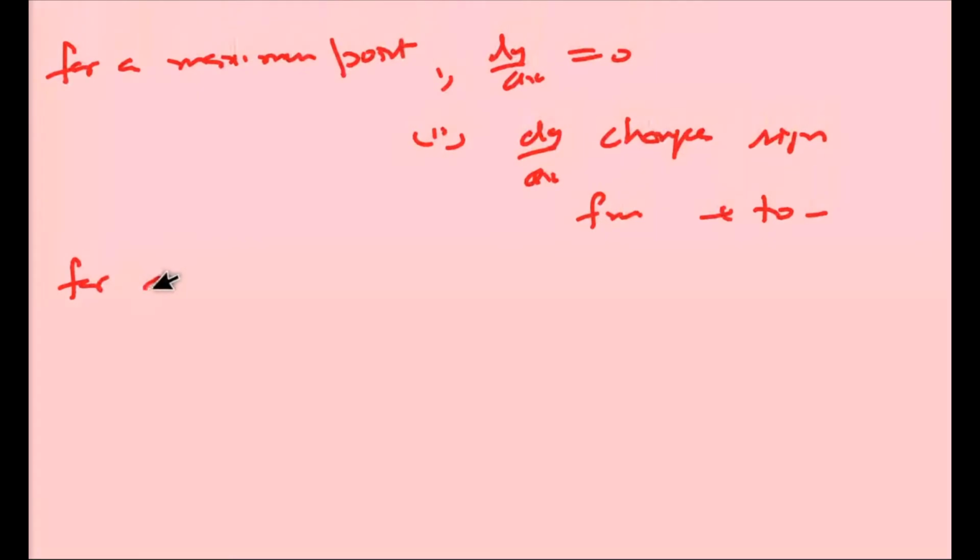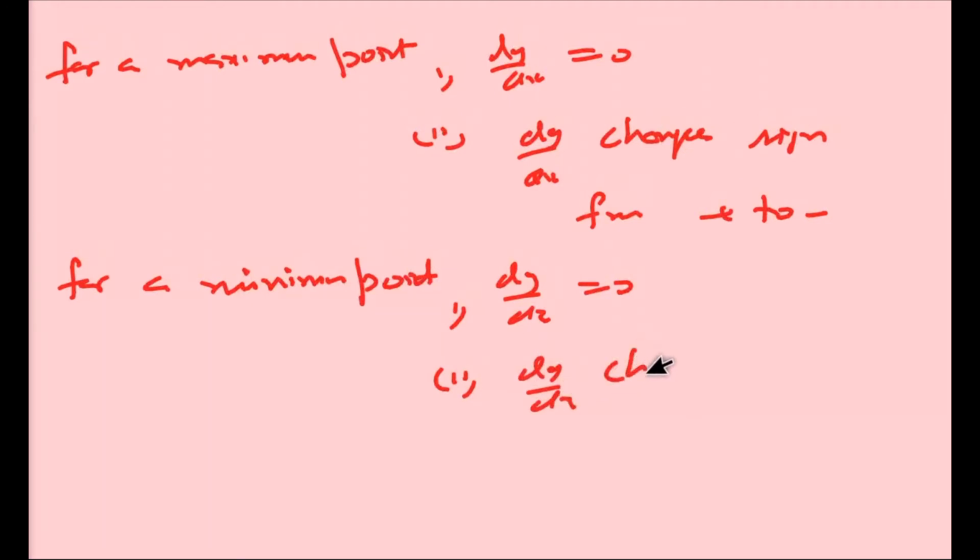And for a minimum point, dy by dx should be equal to 0, and also dy by dx changes sign from negative to positive.